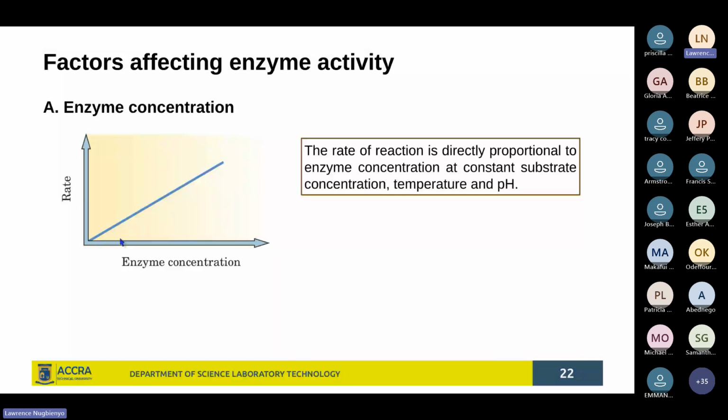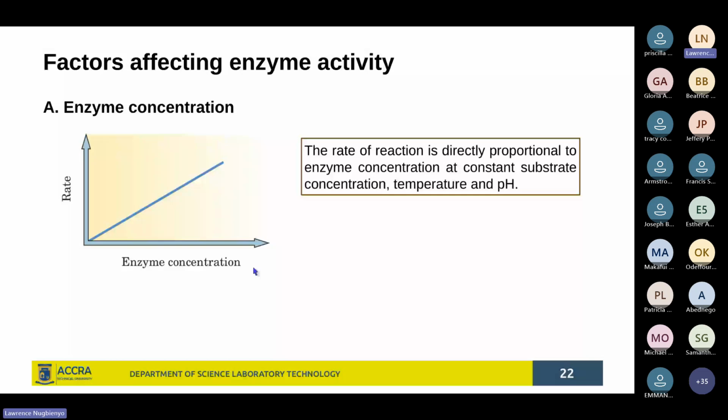So what it simply means is that if you have some amount of substrate in a solution and you have that substrate undergoing a certain chemical reaction, when you add an enzyme solution to that solution, it will increase the rate of the reaction. And the more enzyme you add in there, the more the rate of the reaction.